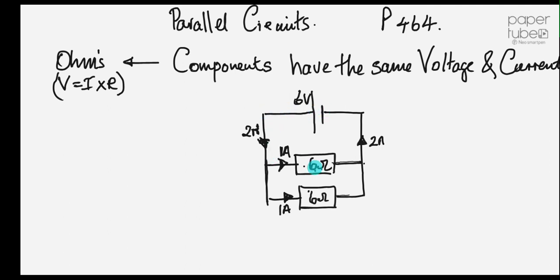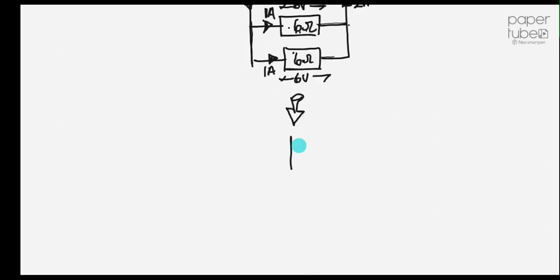Right, so what's the voltage across that? Well, that's the same as I times R. Up here, look, there it is. So there's 6 volts across that. And there must be 6 volts across that, because they're in parallel and have the same voltage. So that's the same as this circuit.